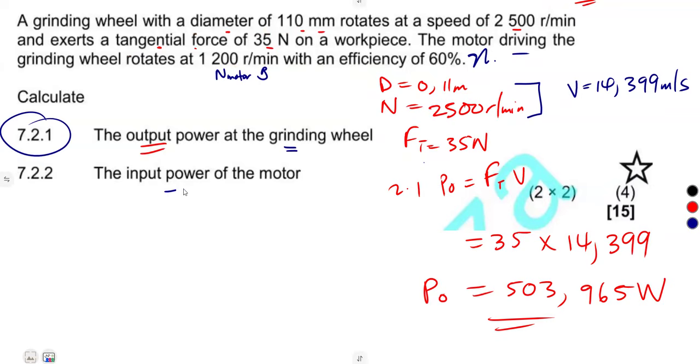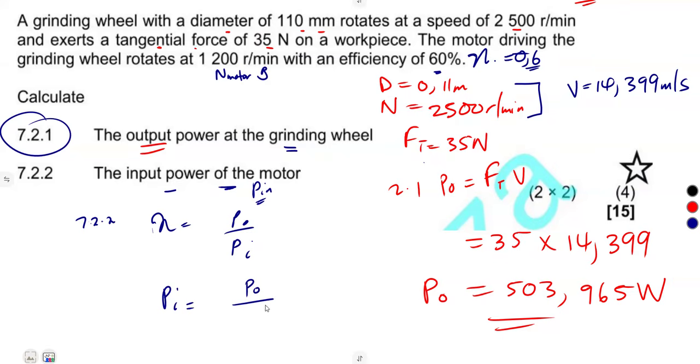So 7.2.2, the input power of the motor. So remember, the motor, it is exactly the one, the input. So we can simply use efficiency. Since we are given that efficiency, you can use efficiency as it is power output over power input as a decimal, 0.6. So we need input, make it the subject, cross multiply, then divide by efficiency.